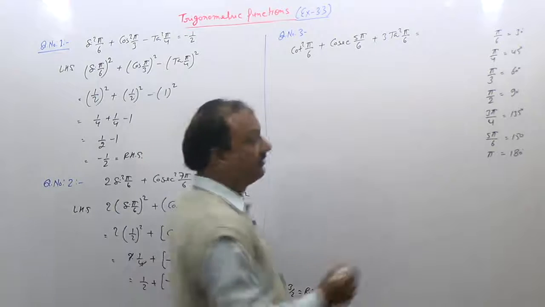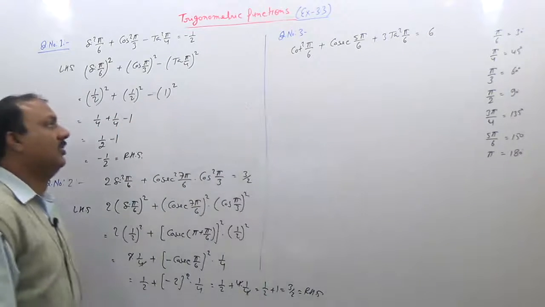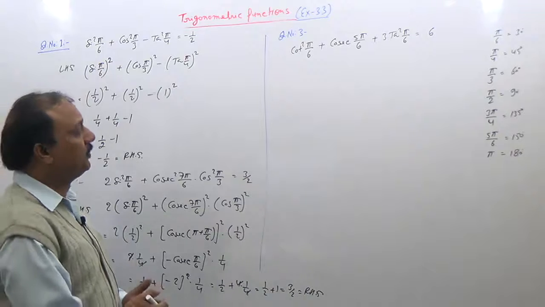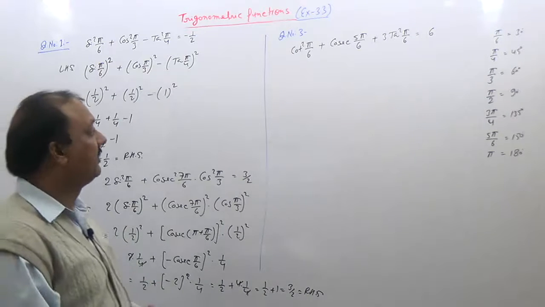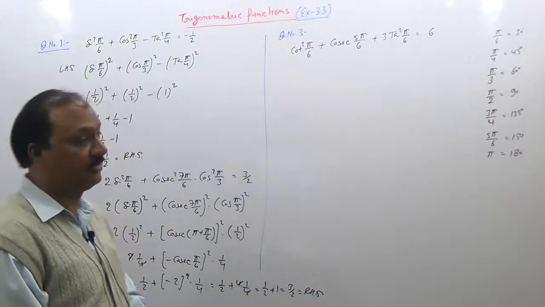Sorry, is equal to 6. So in question number 3, we want to prove that cot square pi by 6 plus cosec 5 pi by 6 plus 3 tan square pi by 6 is equal to 6.